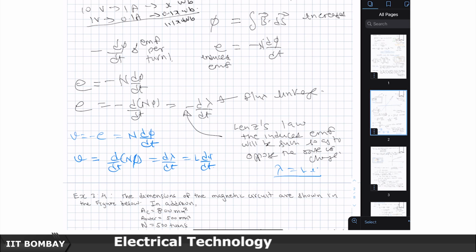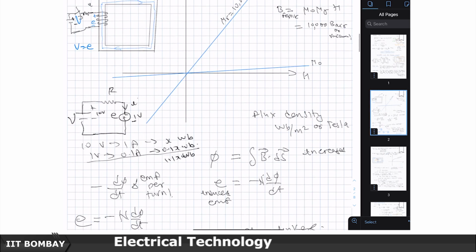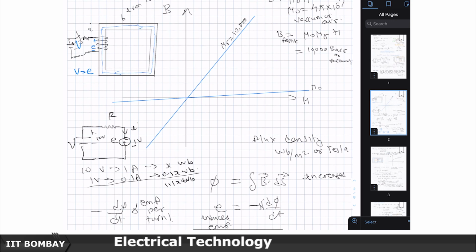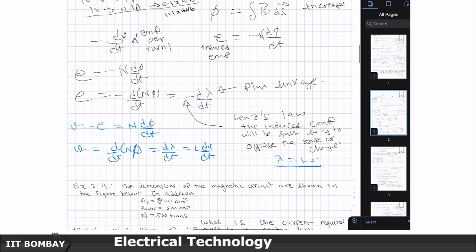So, what we usually do is we flip the signs of the polarity markings of the E, as I have shown here. So, now V and E are not additive. E is now shown as countering the V by its sign convention, in which case we can drop this minus sign in n d phi by dt.